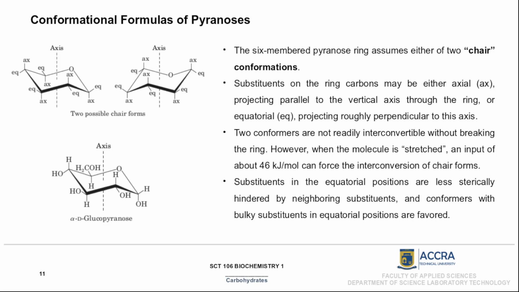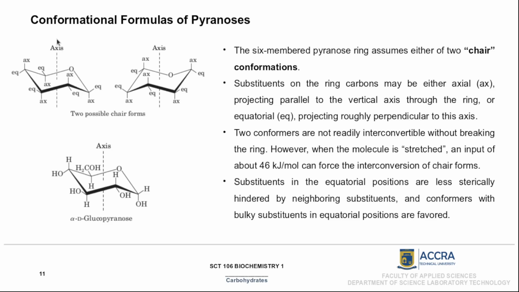Of course, in some texts, you will also see what we call the boat conformations. But here we're talking only about the chair conformations, where you have the six-ring structure assuming the shape of a chair. When you imagine having a six-ring and twisting it, it forms a shape that looks similar to a chair.